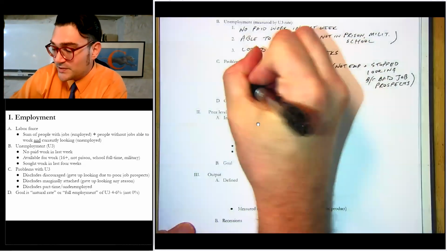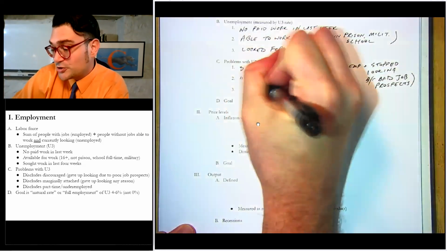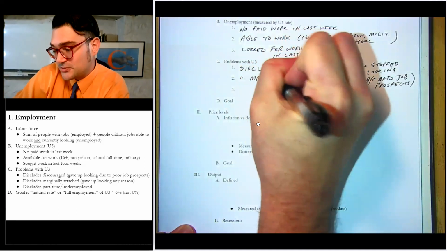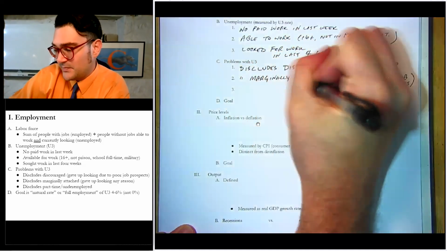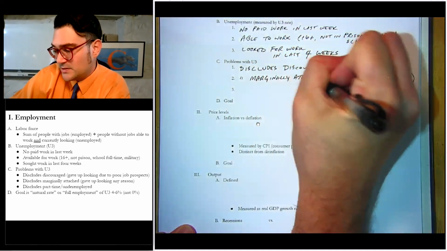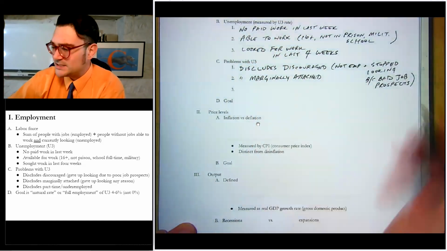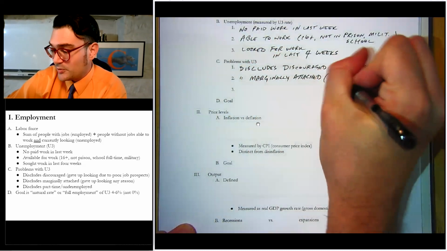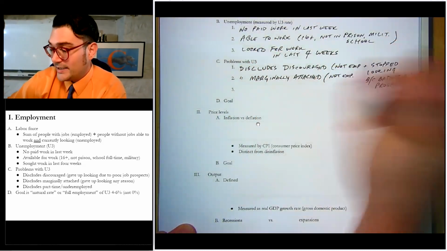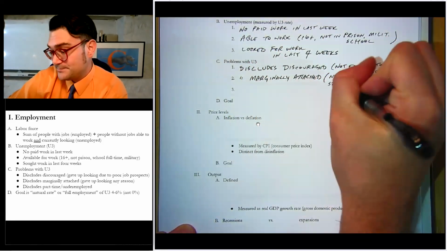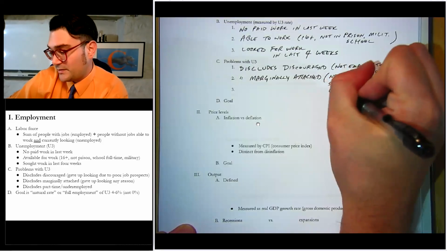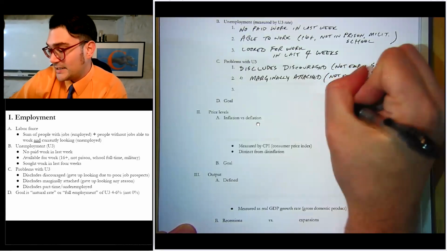There's another one, it does not include what we call marginally attached. Marginally attached means that they are not employed and stopped looking for any reason.